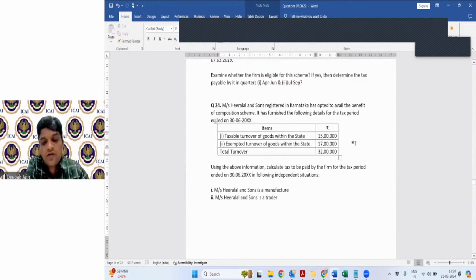Question number 24, on manufacturer, what is the percentage and what is the percentage for trader? Both it is 1%. Then why two separate questions have been asked?